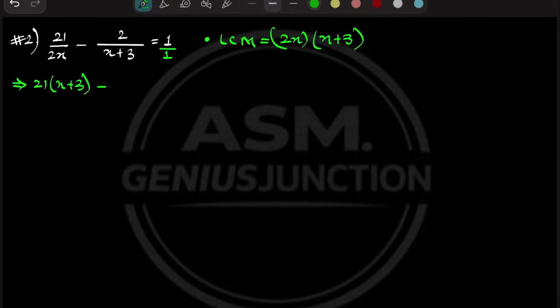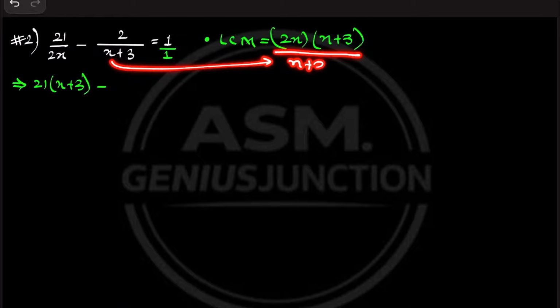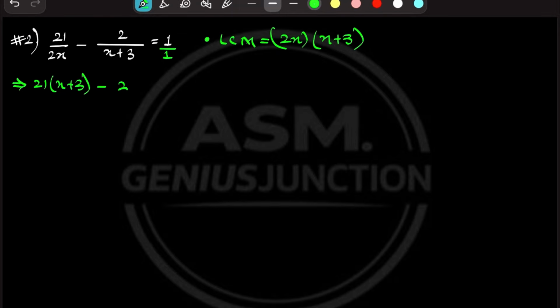In the same way, now if this complete expression is divided by x plus 3, then these two get cancelled and the numerator will be multiplied with 2x. So I will write minus 2, 2x gives you, now when the LCM is going to be divided by 1, this complete LCM will be multiplied in the numerator. So I can write it as 2x times x plus 3.